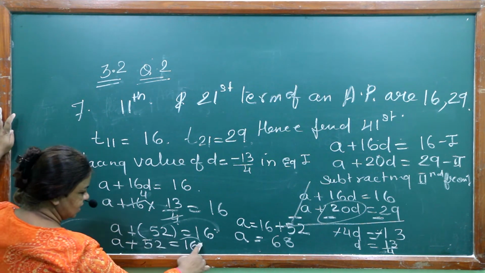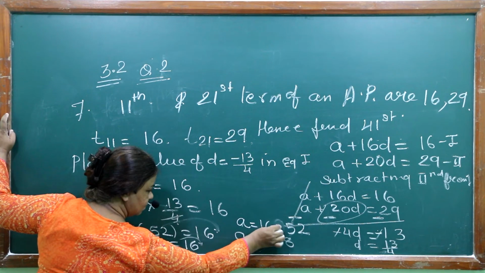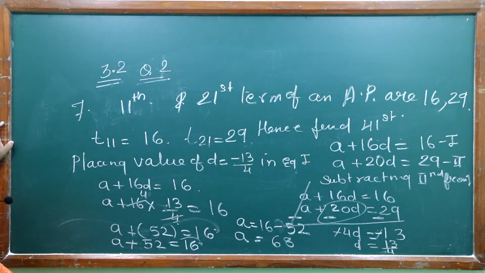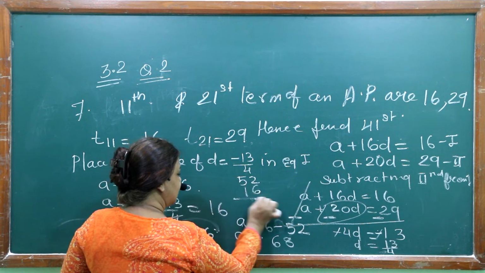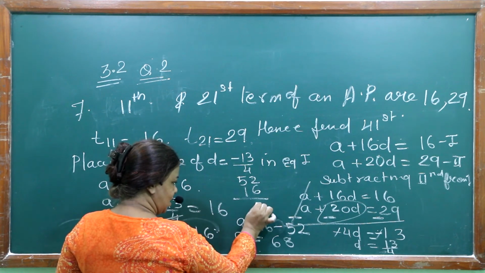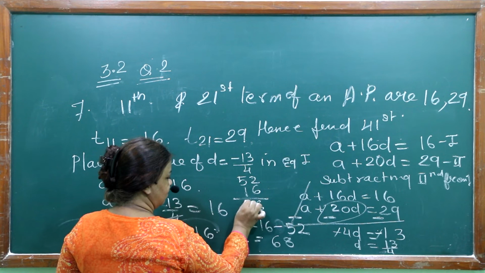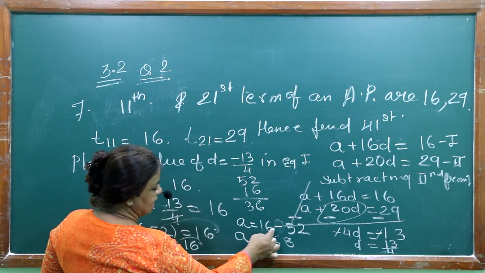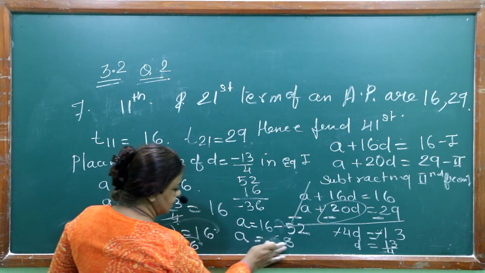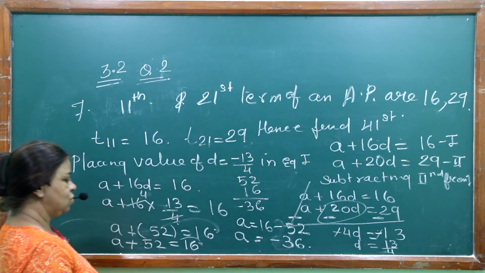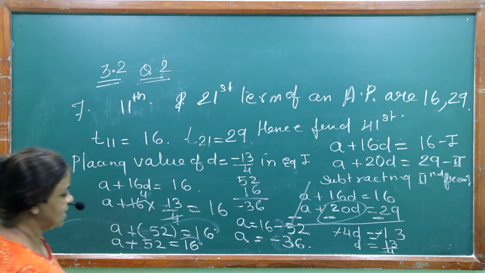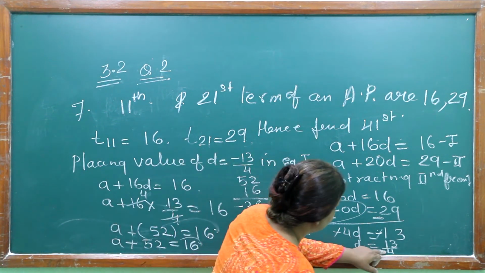Then shifting this, it will become minus 16 minus 52 now. 52 minus 16, 12 minus 6 will be 6, 4 minus 1 will be 3, and sign of the greater number minus 36. It will be minus 36. So A is minus 36 and D is 13 upon 4.